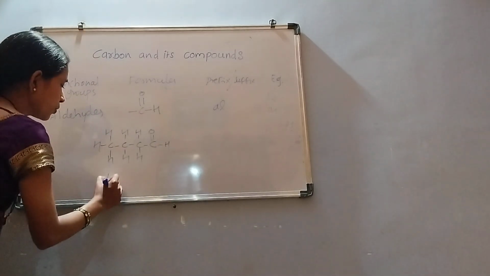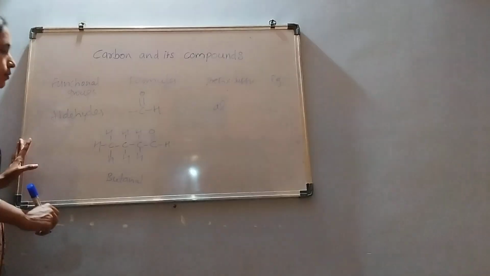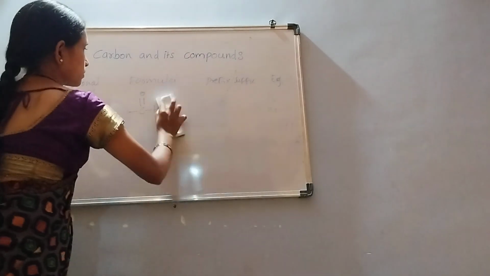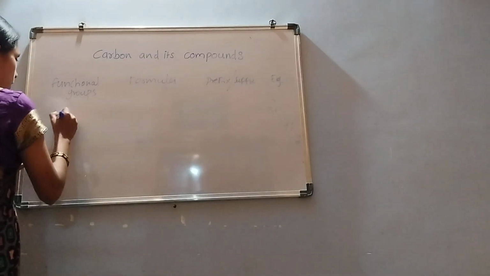This is called butanal. Like this, butanal, pentanal, hexanal, we can write it. Next we will discuss ketone. Ketone has the suffix ONE.